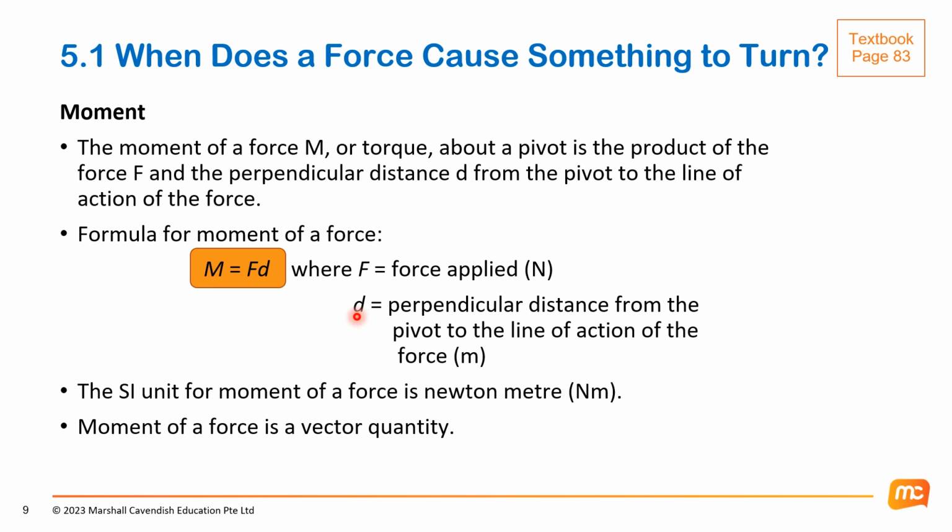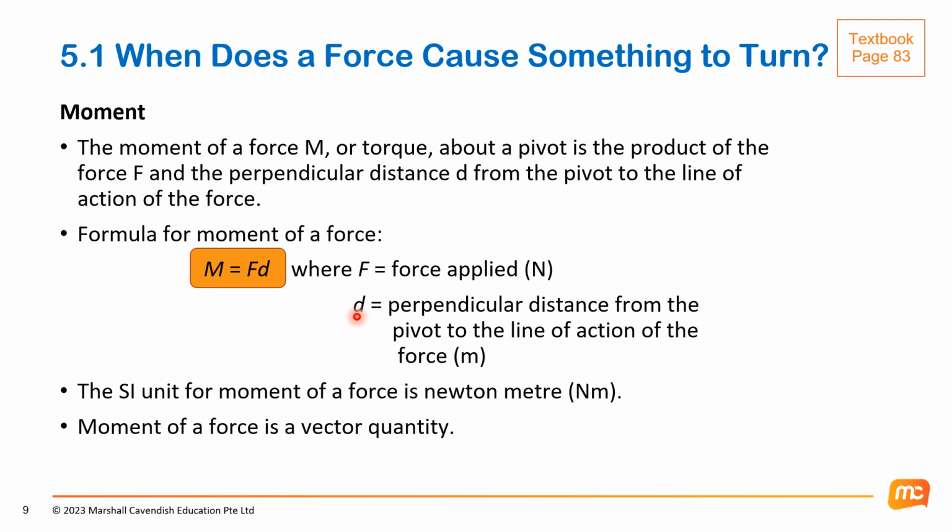So these should all be concepts that you are quite familiar with because we've gone through them in class before, but we'll show some examples later on how to find the perpendicular distance between the line of action to the pivot. And of course, the SI unit for moments is Newton times meter because the SI unit for force is Newton and the SI unit for distance is the meter.